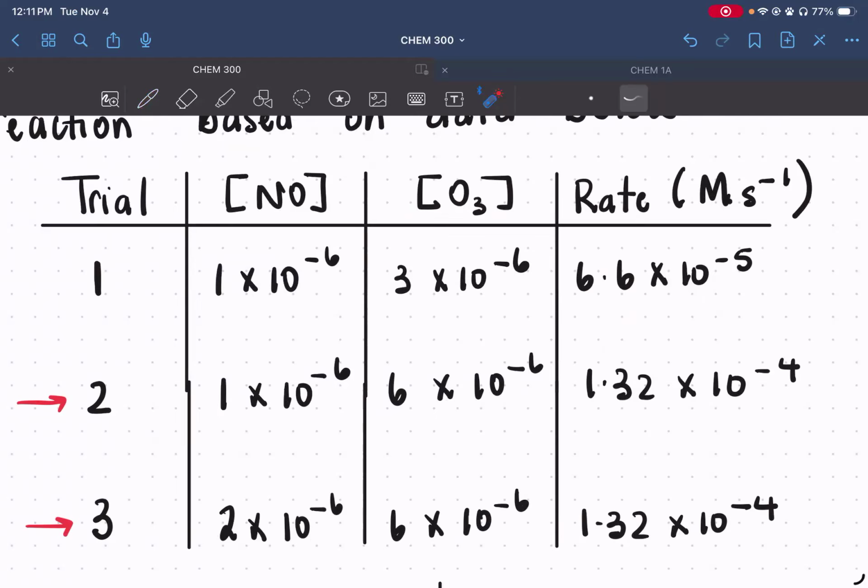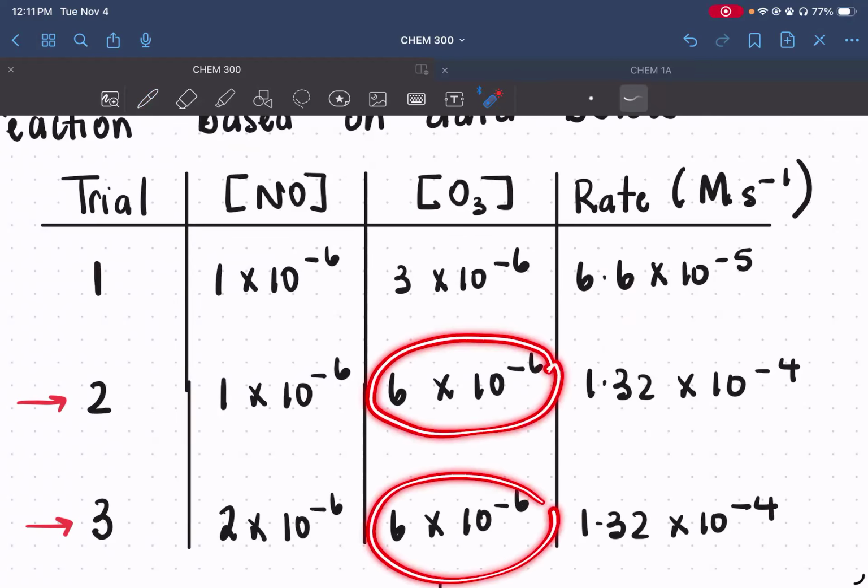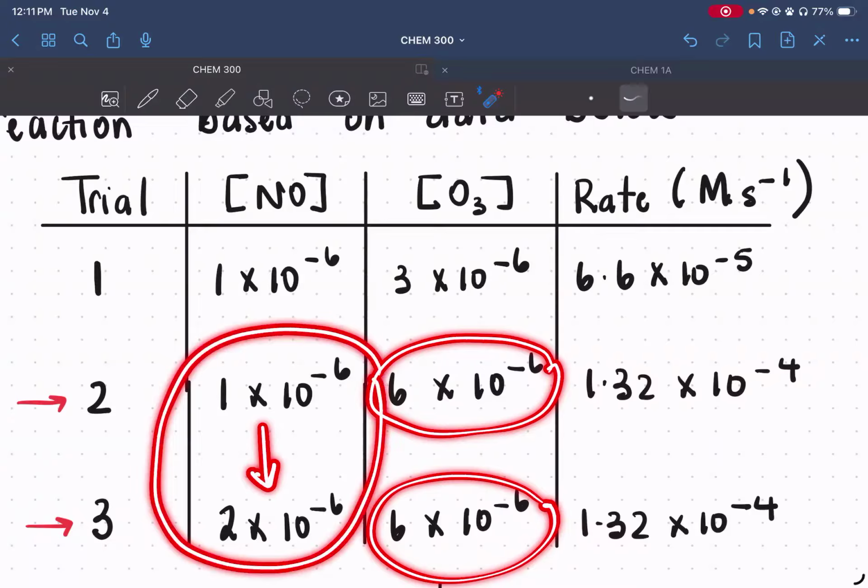As we can see in the data for trials 2 and 3, there is no difference in the ozone. There is, of course, a difference in the NO. The reason why we pick these two trials is because we can say beyond a doubt, any change in this chemical is what affects the change in rate. Why?